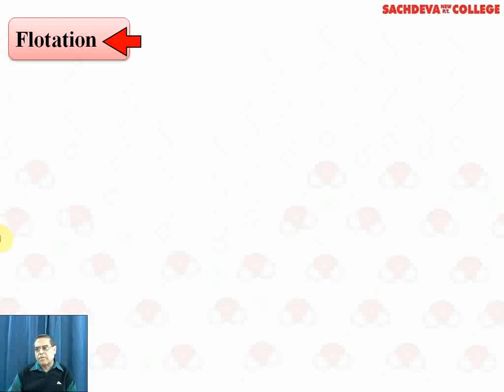Now comes the laws of flotation. I have just spoken that when a body is fully or partially immersed, the buoyant force will act on the body. It is the upward force. If the upward force is slightly less as compared to the force acting on the body, the body begins to float.